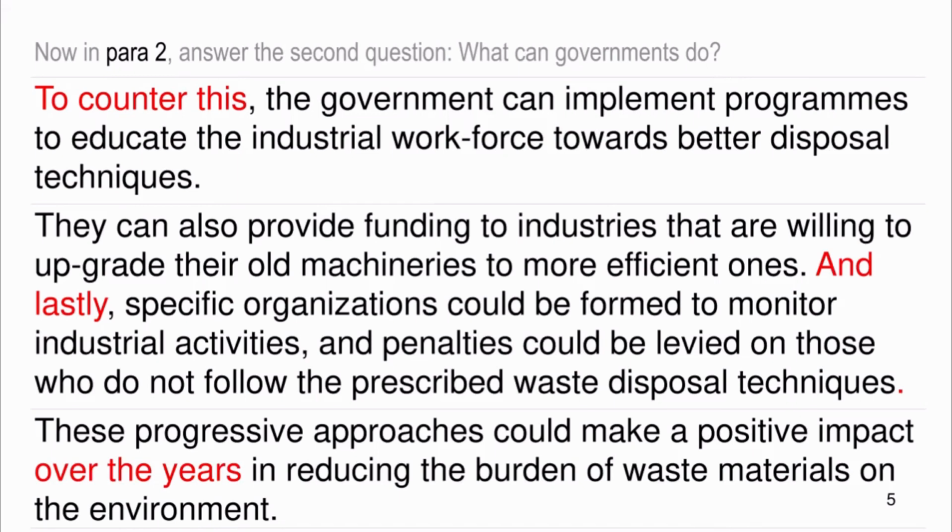And lastly, specific organizations could be formed to monitor industrial activities, and penalties could be levied on those who do not follow the prescribed disposal techniques. These progressive approaches could make a positive impact over the years in reducing the burden of waste materials on the environment.